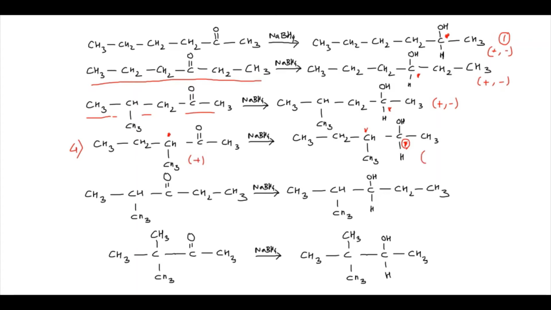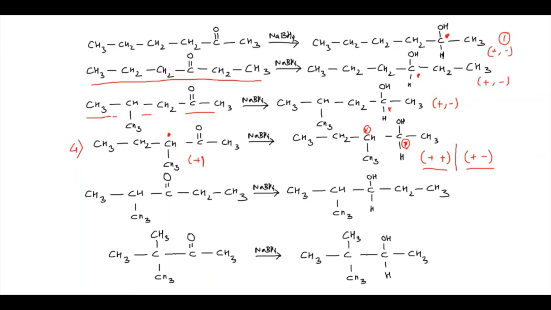One will be plus plus, that means the first chiral center which we have already taken as plus will not change, and the new one could be plus. Another possibility is plus minus, where the new one is minus. So you can see that 2 different compounds will form, and these are not enantiomers of each other, rather they are diastereomers of each other.